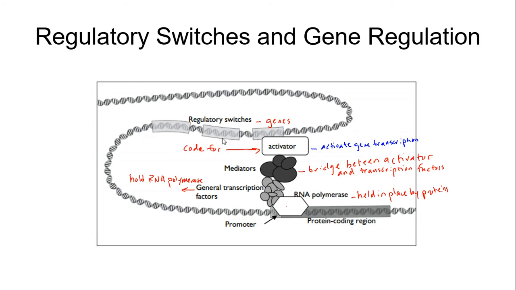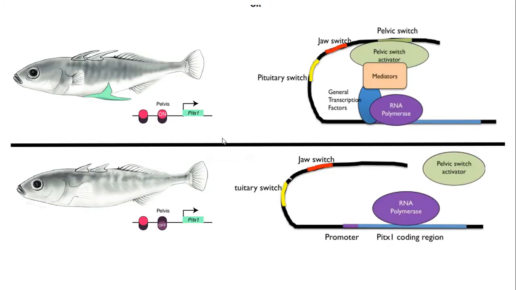If you're missing a regulatory switch, you do not activate the gene. The mediators and the general transcription factors will just sit there for an eternity and wait for a signal, but without a regulatory switch, the signal never comes. And that's what happened with our little stickleback fish. There were two forms of the stickleback. One was the marine form, which has the pelvic spine, and the other one was the freshwater form without the pelvic spine.